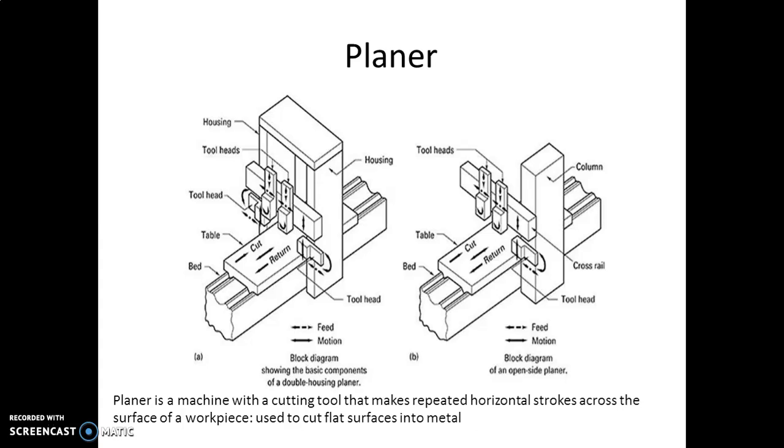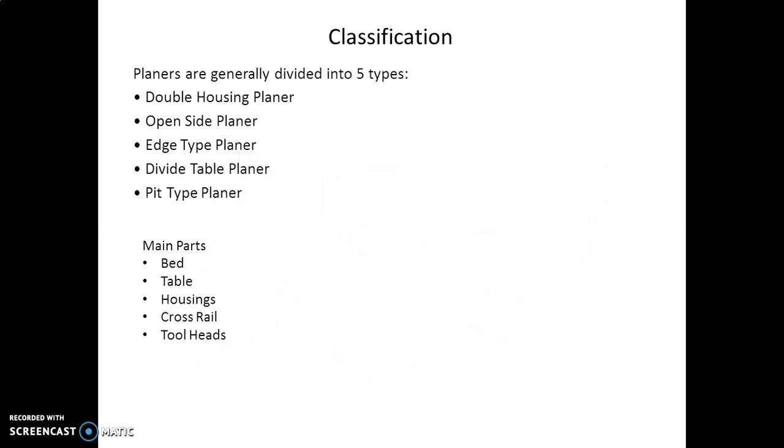The planer is the largest of the reciprocating machines, and a planer is a machine with a cutting tool that makes repeated horizontal strokes across the surface of the workpiece. It is used to cut flat surfaces into metal. So here is the classification of the planer machines.